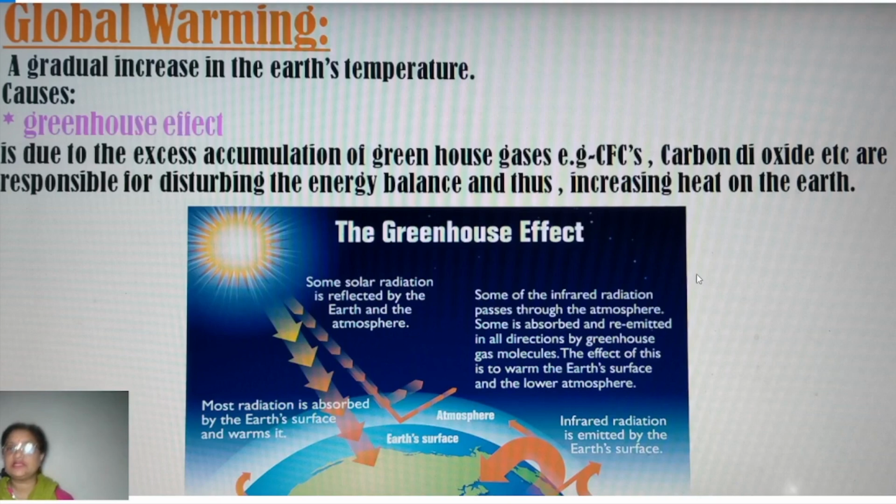Because children, just the presence of this layer or the gas in the stratosphere doesn't allow the ultraviolet radiation which comes along with the sun rays to reach the earth's surface.